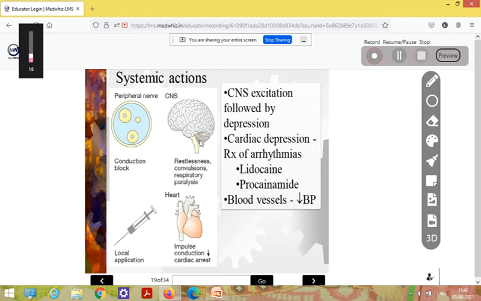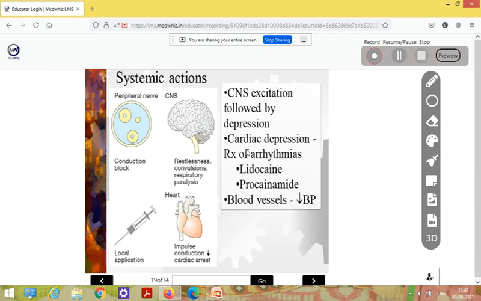Then, what are the systemic actions? If absorption happens, there's going to be CNS excitation followed by depression. Next is cardiac depression, and arrhythmias are bound to happen. These local anesthetics, especially lidocaine, are one of the class 1 antiarrhythmic agents.